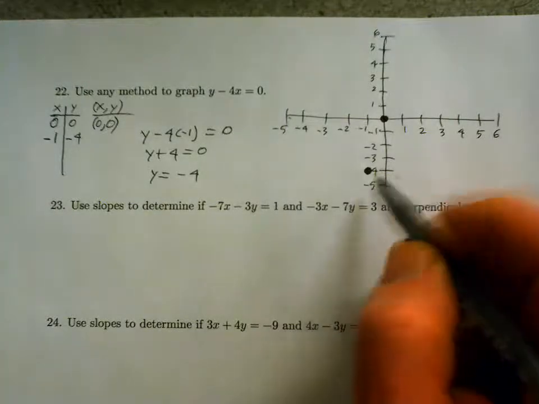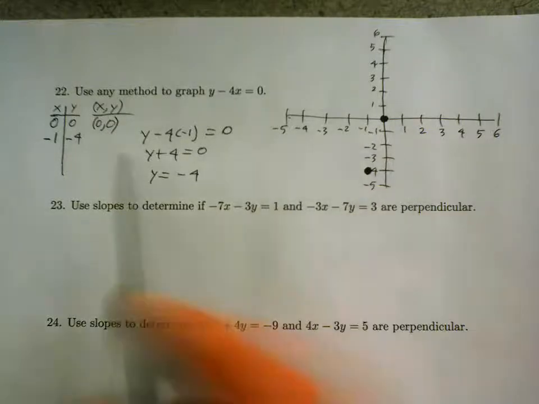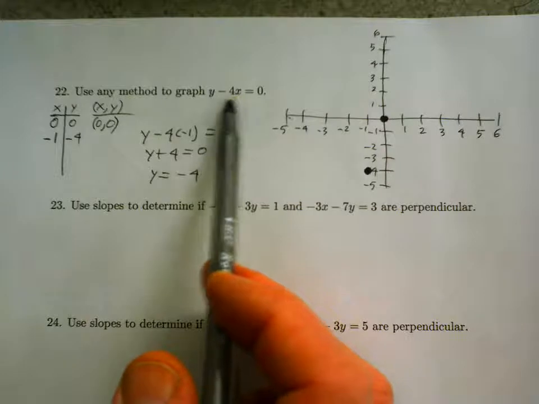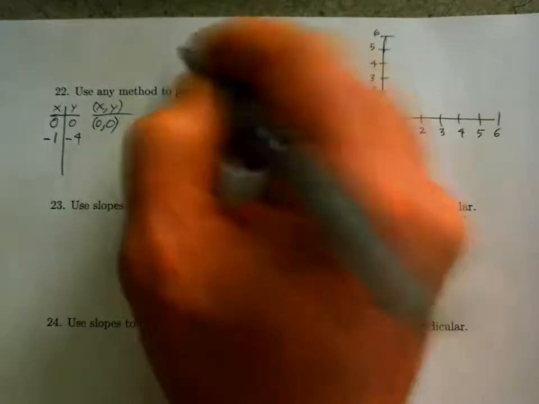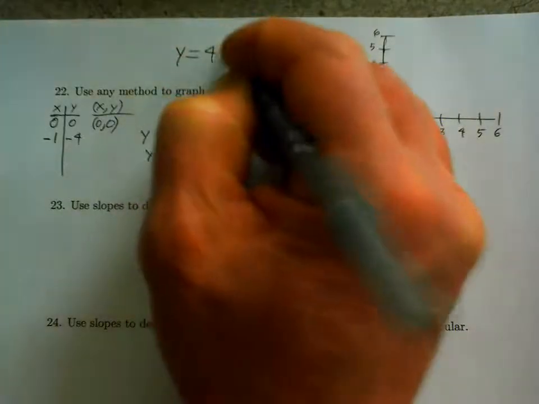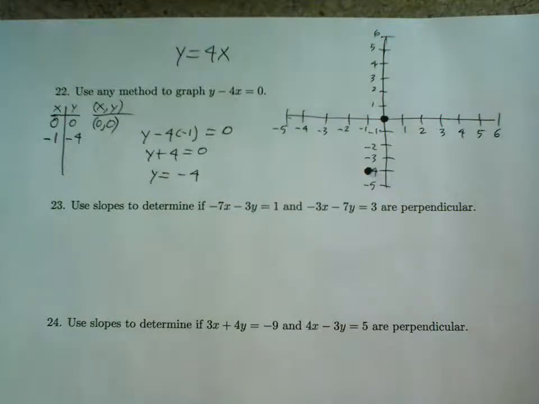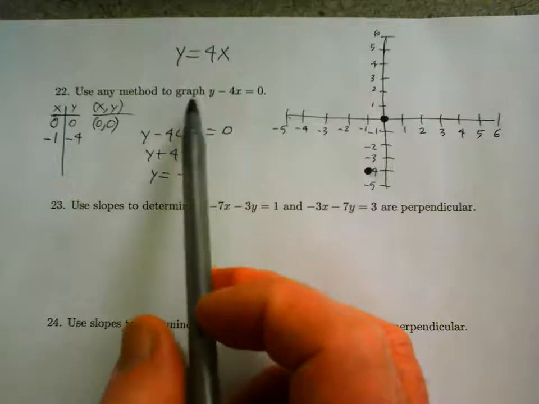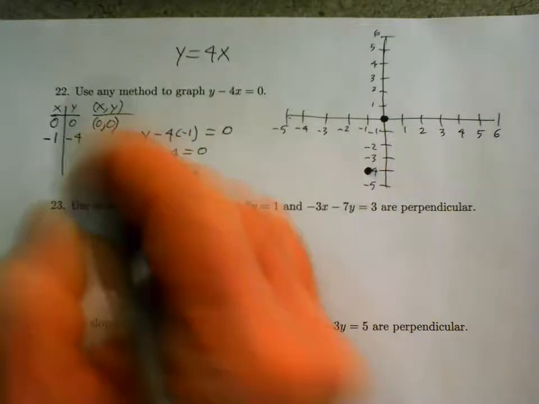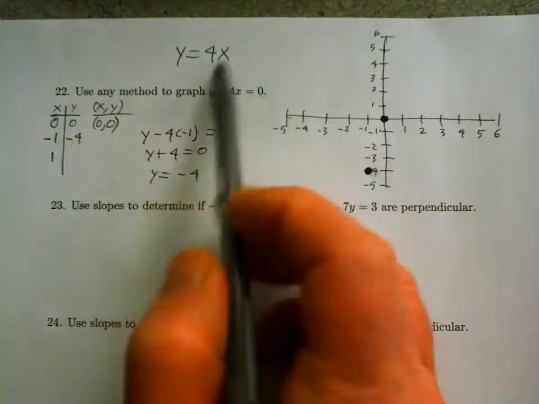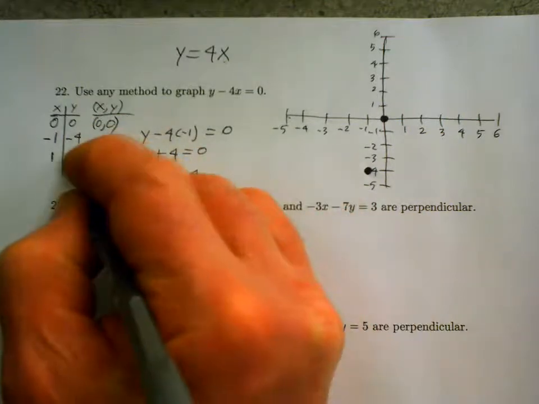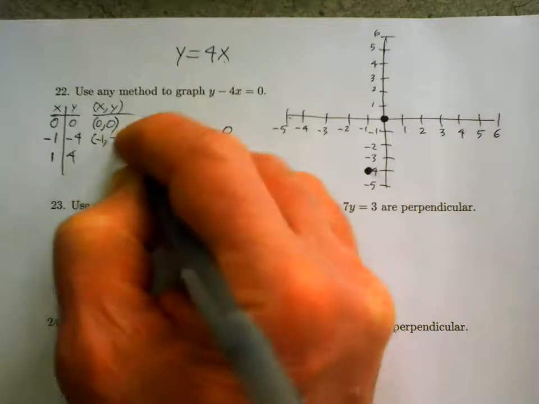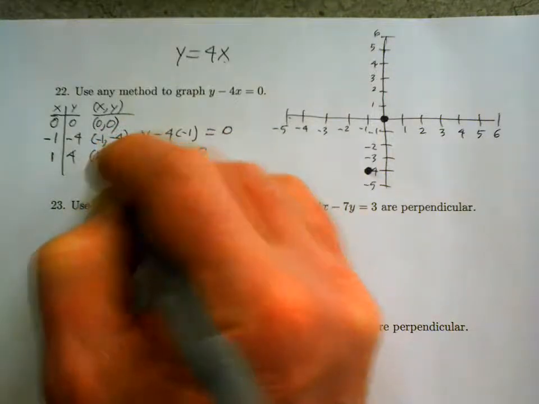Okay, so we have enough to graph the line. Maybe another thing that you could do, solve this equation for y, just write it as y equals 4 times x. The slope is 4/1. Well, if you pick x to be +1, the y coordinate is 4 times 1. So we have more than enough ordered pairs.